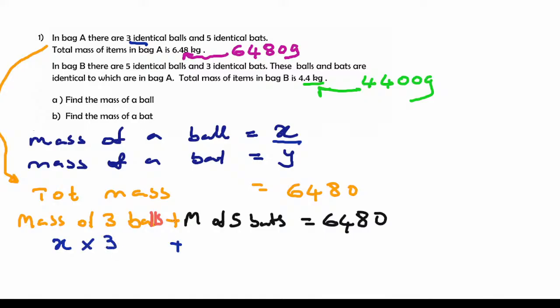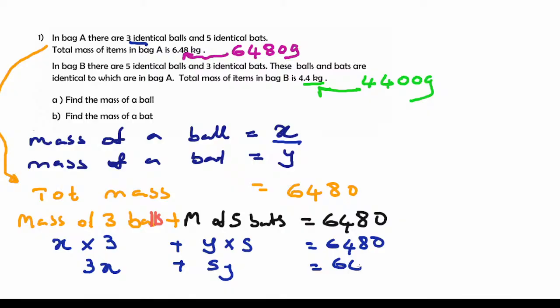What would be the mass of five bats? We are considering the mass of one bat as y grams, then five bats means y into 5. So 3x plus 5y equals 6,480. All right, that's our equation 1.